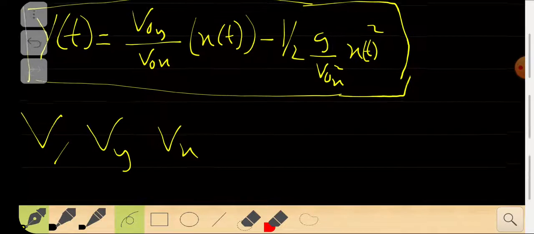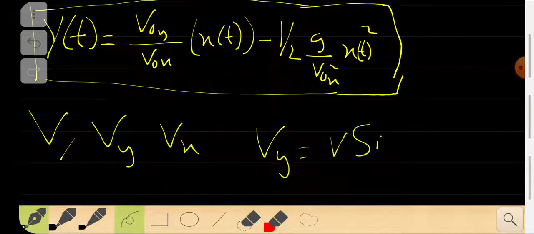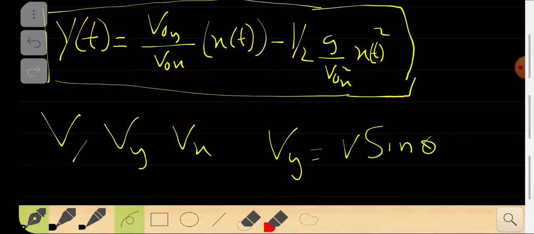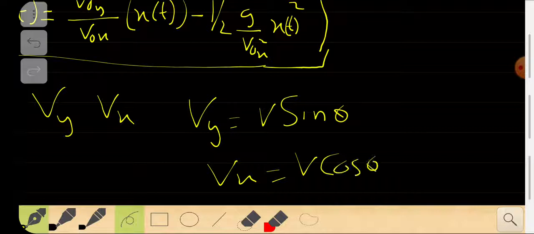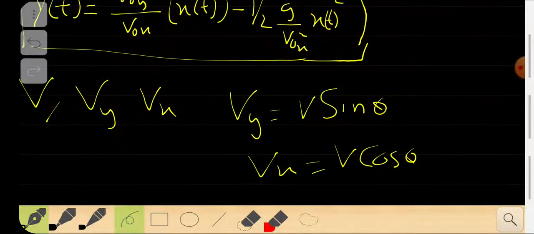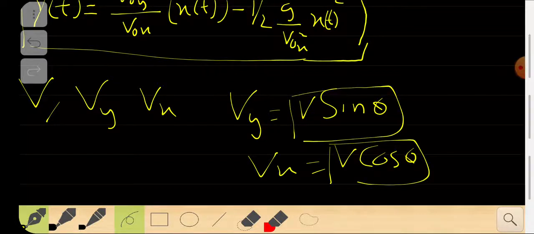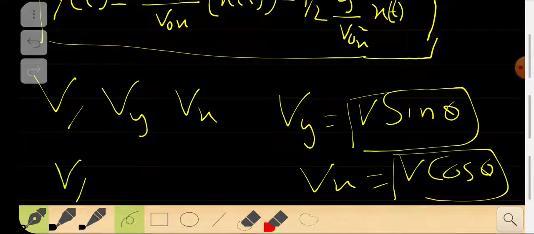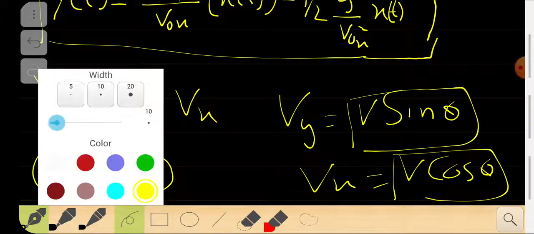So vy must be equal to v sine theta, and vx will be equal to v cos theta. From the theta value and the initial velocity, we can find it out.